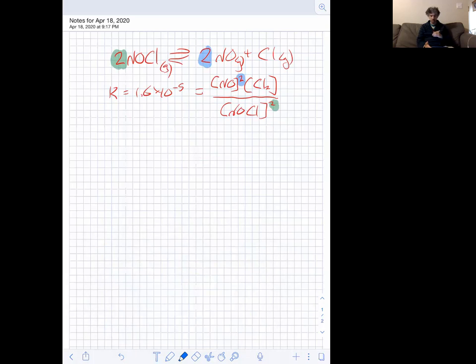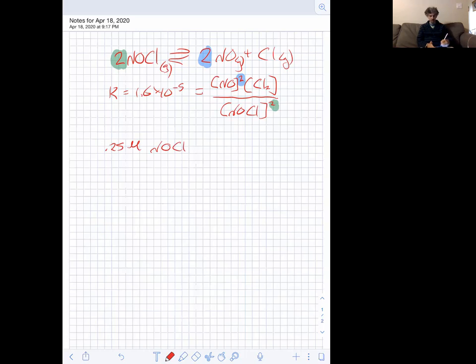Okay, so basically, we want to figure out what are the equilibrium concentrations of everything. And this is where, first of all, we have to know what we're starting with. So let's say we're starting with 0.25 molarity of nitrosyl chloride.